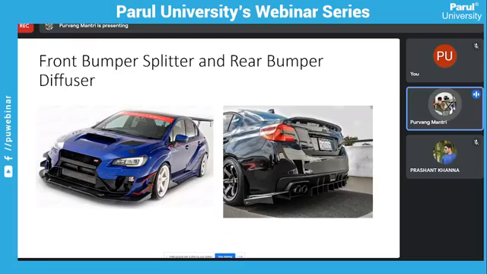But let's focus on the front bumper splitter, which is this one, and the rear bumper diffuser, which is this one. What they do is try to generate a venturi effect beneath the vehicle. So how does it do it?